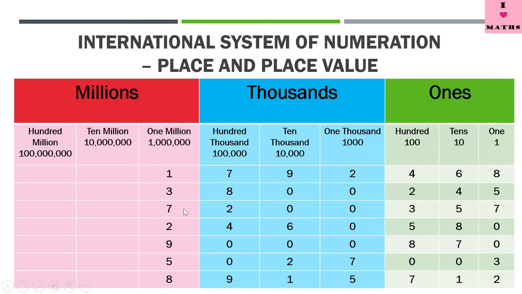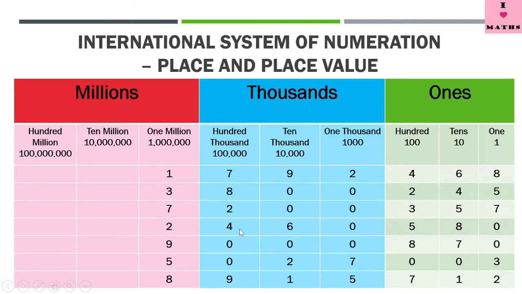The third one is 7,200,357. Next one, 2,460,580.